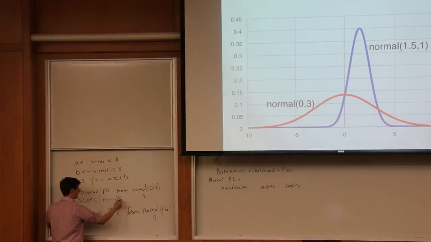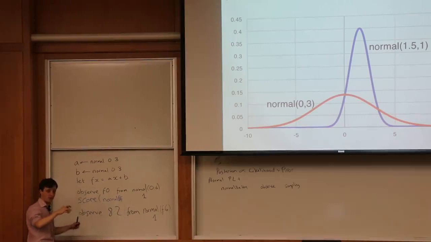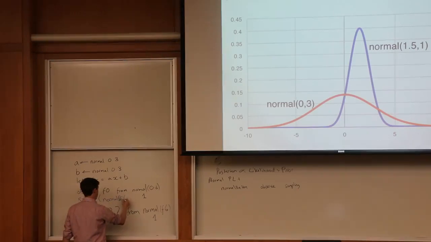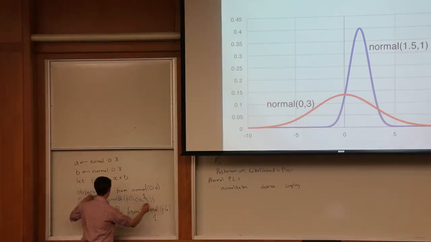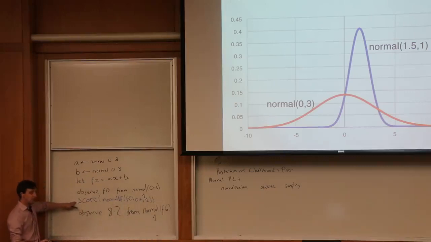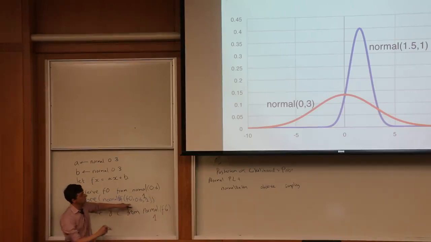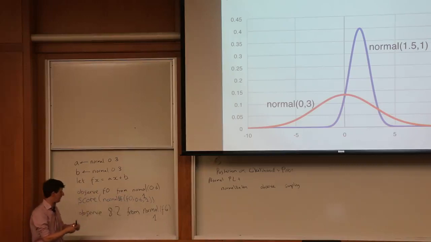That's the density function of the normal distribution, 1 over square root 2 pi sigma, e to the minus... And that takes 3 arguments: f0, the observation value, and then 0.6, which is the mean, and 1, which is the standard deviation. So when I write this observe command, I'm thinking of it in this way. It means weight the trace by the value of the density function at the observation. Some languages let you write observe, and then it will compile that down to this score.